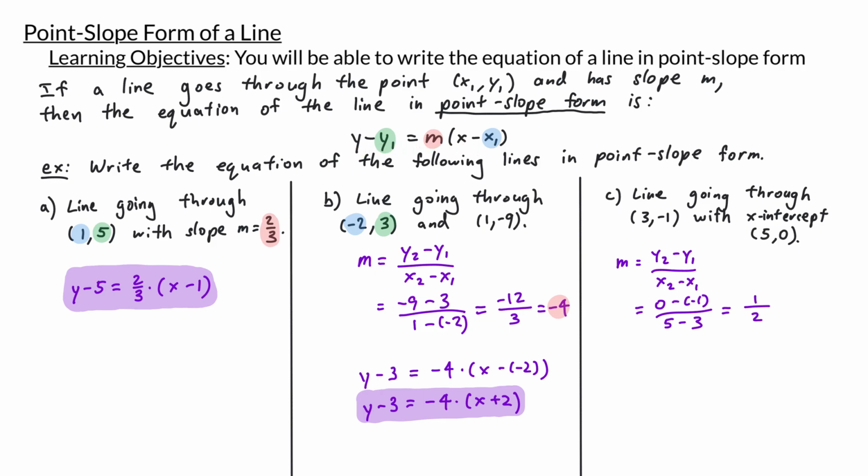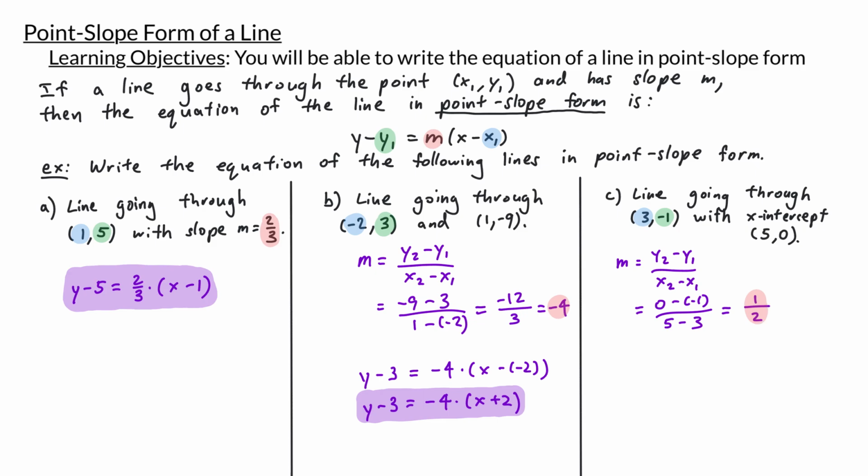Again, in this problem, we have 2 points, so you can use either of those points as your (x1, y1). So let's use (3, -1) as our point. And the slope, again, is 1/2. So we'll be plugging in 3 for x1, -1 for y1 and 1/2 for m.